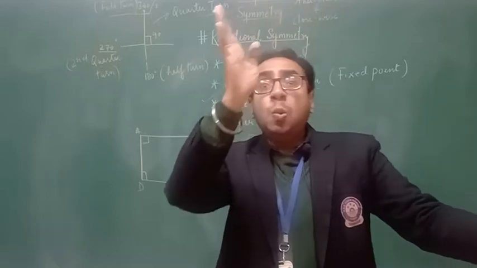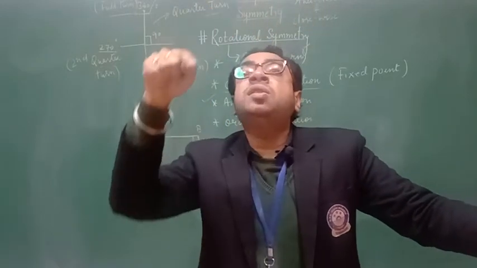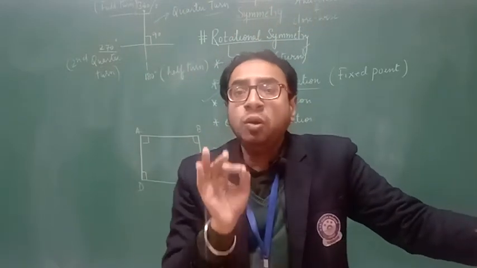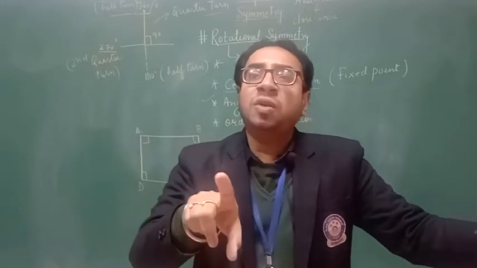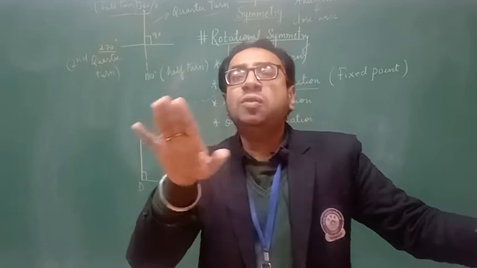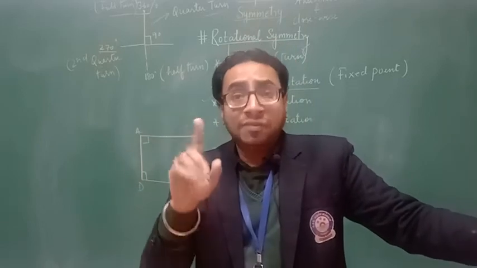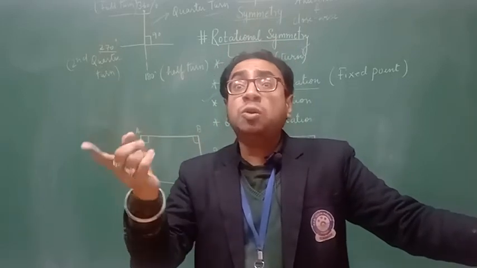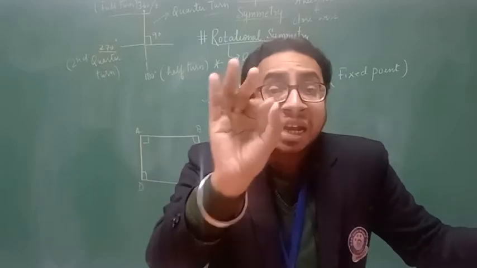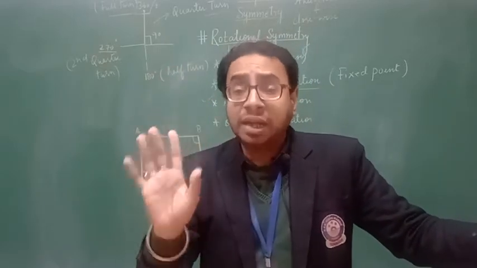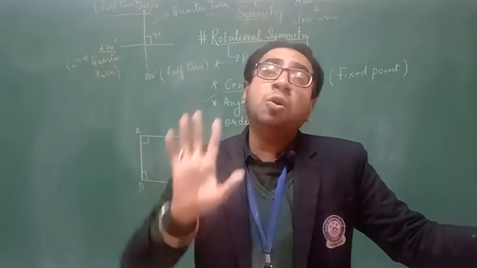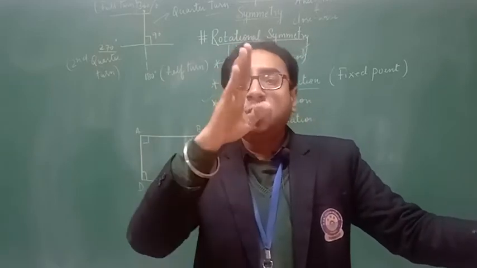So 12 to 1, 1 to 2, it means increasing order. Have you ever heard that 1 o'clock happens before 12 o'clock? Never. After 12 only 1 will happen. That would be a hypothetical situation which will never happen, a fiction. Similarly, clockwise means increasing, 12, 1 and so on.